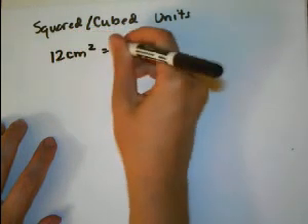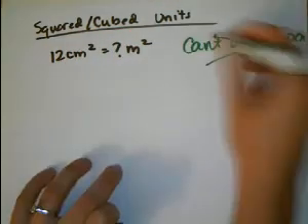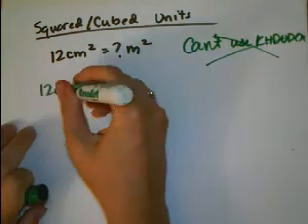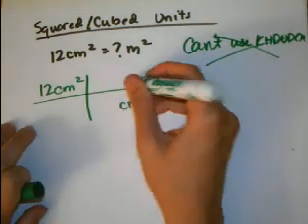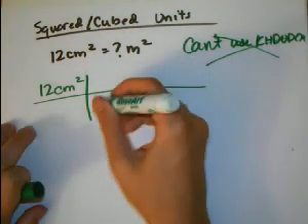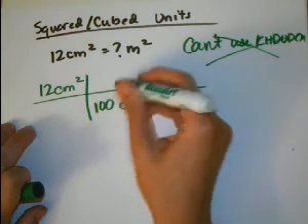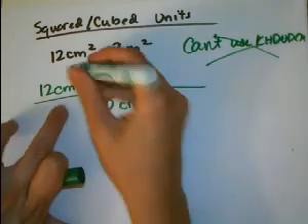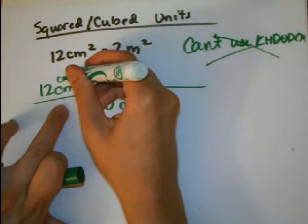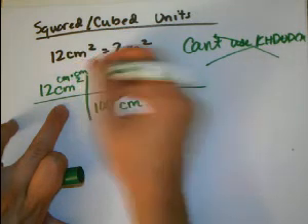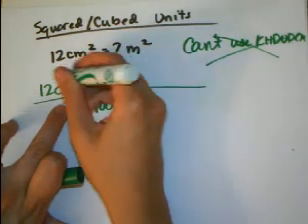I'm going to pick up our calculator. Okay, so we'd have 12 divided by 100 divided by 100 again, gives us 0.0012 meters squared. So we have meters times meters, which gives us meters squared. Okay, it would be the same thing with cubed, except you do 3 of them instead.